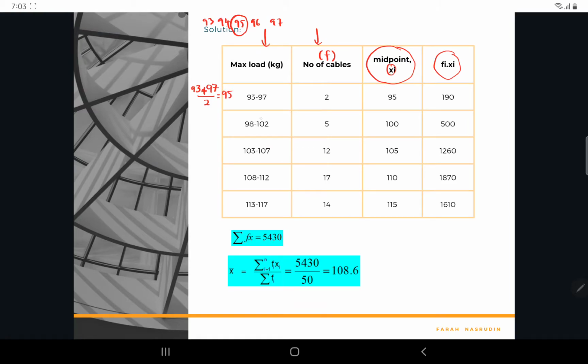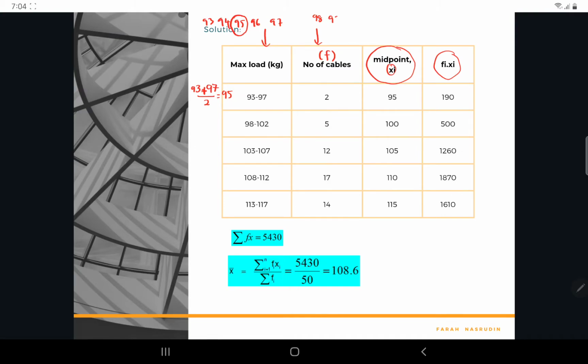The same way we apply to the second interval here. So how to find the midpoint? The interval is between 98 until 102.